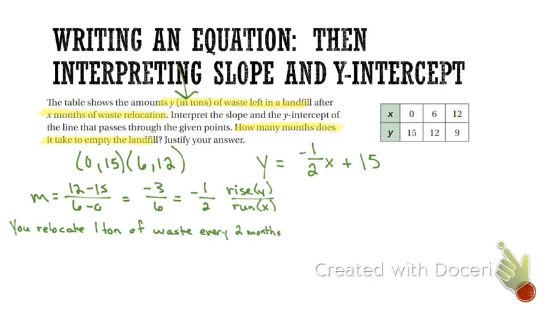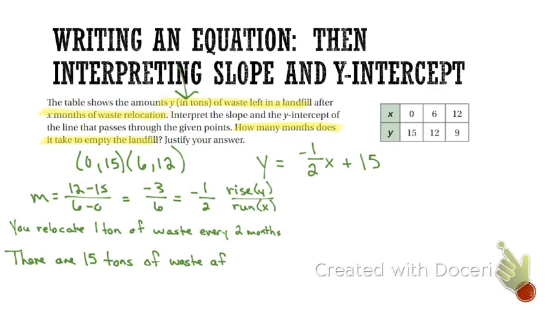Now our y-intercept. Our y-intercept says, after x, which stands for months, after 0 months, so no time has passed, how many tons of waste is there? There are 15 tons of waste.